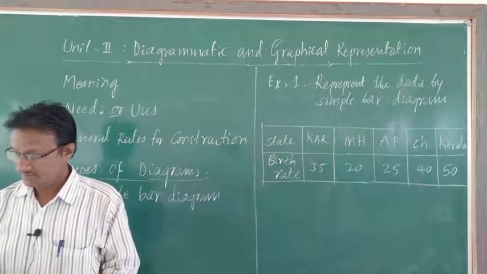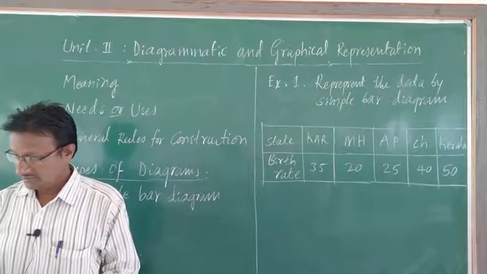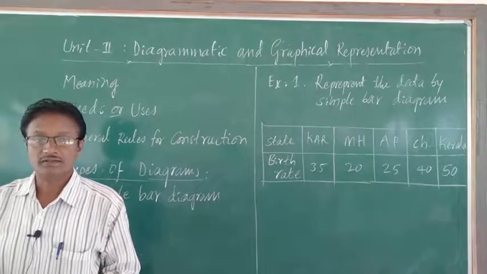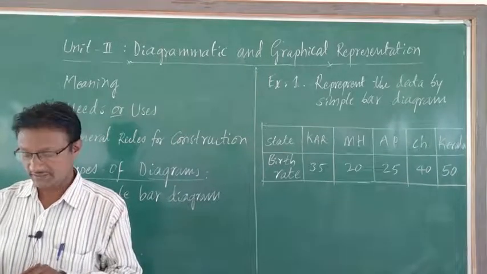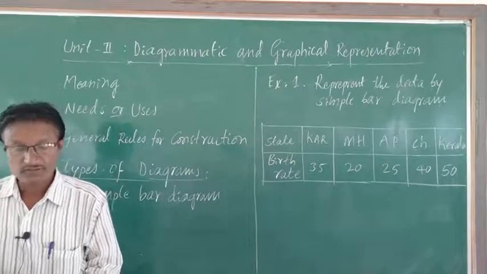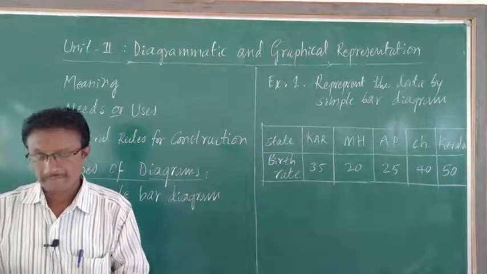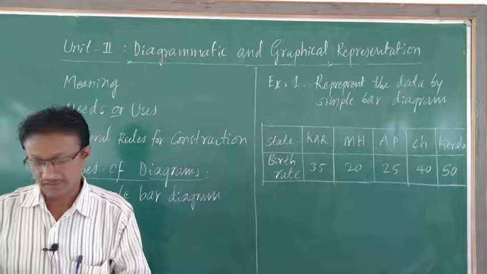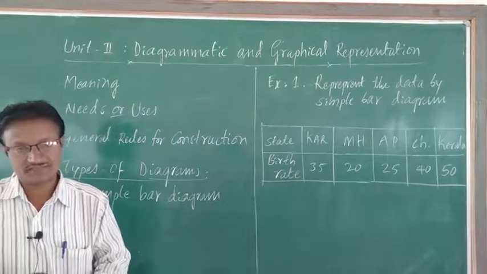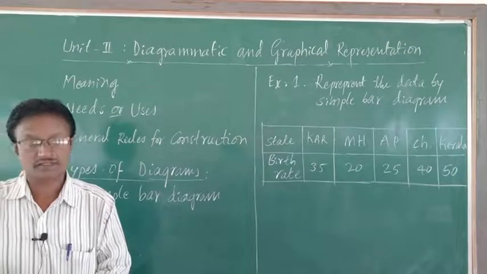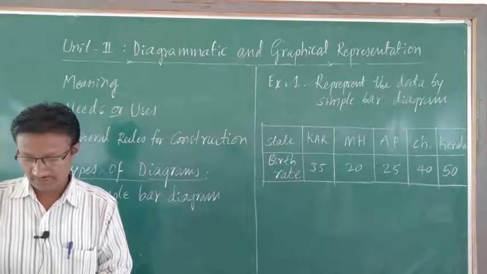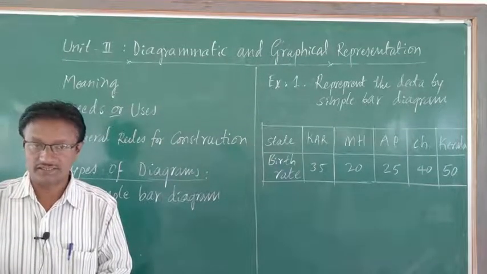Next, they give a bird's eye view of the data. Voluminous or mass data, when presented in the form of diagrams and graphs, give an overall picture of trend, variation, etc.